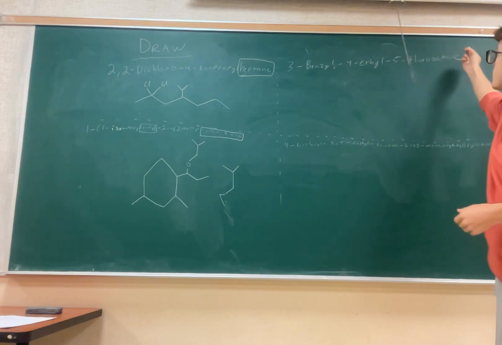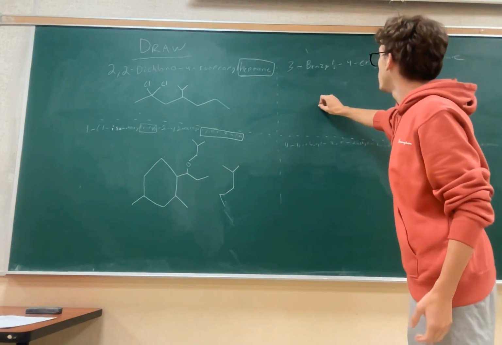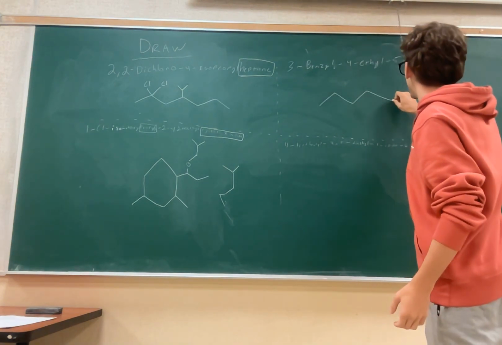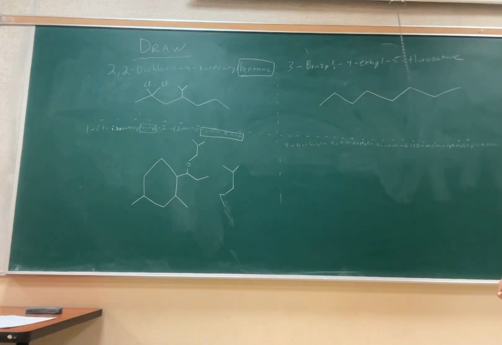So start with what you're given. At the end, you have octane, that's 8 carbons. So 1, 2, 3, 4, 5, 6, 7, 8. Now we just have to add our substituents. It's saying at carbon 3, there's a benzyl group. Now there's a difference between benzyl and phenyl. They still kind of mean the same thing, like you have a benzene ring, but they mean 2 different things.